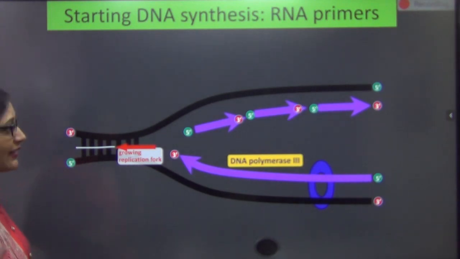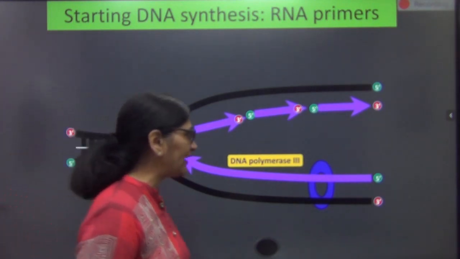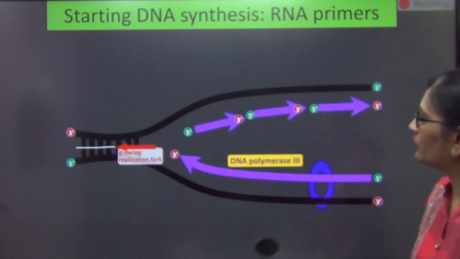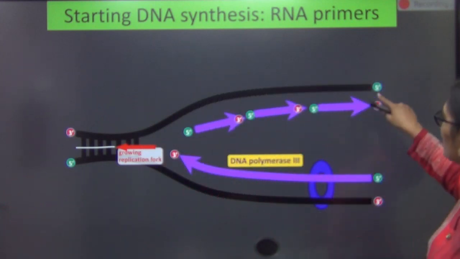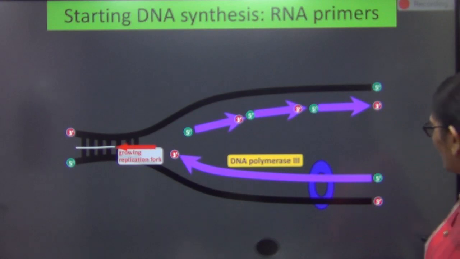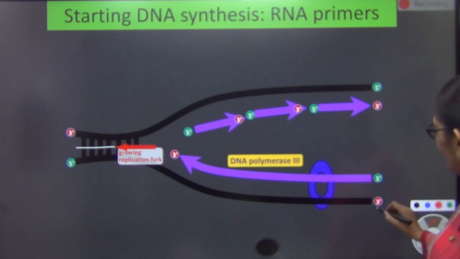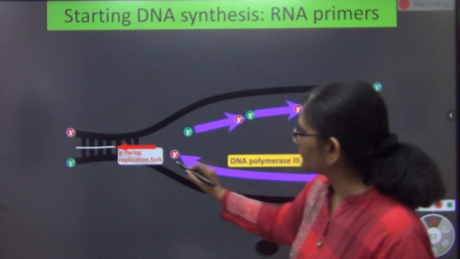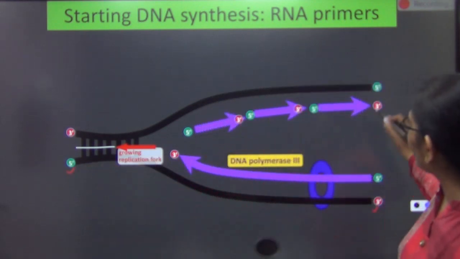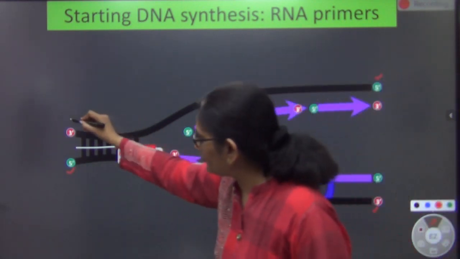Now the next diagram shows how the replication fork goes. I hope you can see this clearly over here. These are two strands of DNA. One of the two strands has a polarity of 3' and 5', and the other has a polarity of 5' and 3'.